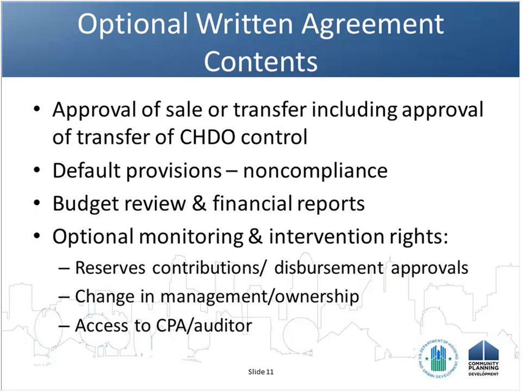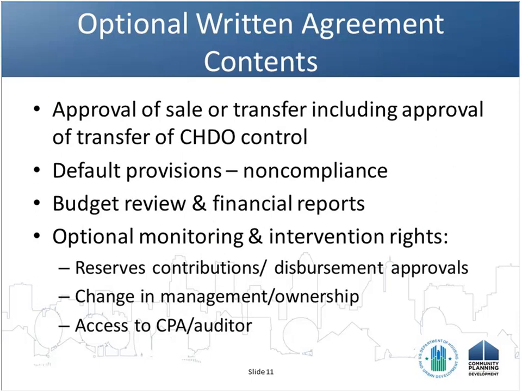PJs may want to think about adopting language within their written agreement, particularly for a CHDO project, that would allow the PJ to review and approve any transfers of ownership during that affordability period. Really, this is to make sure that the subsequent owner is going to qualify as a CHDO and will be able to keep that project in compliance.